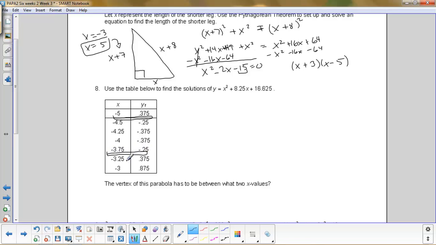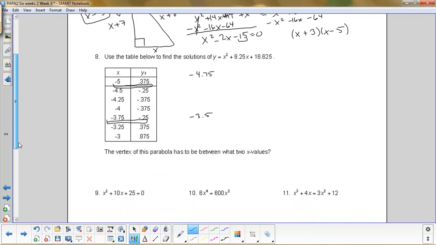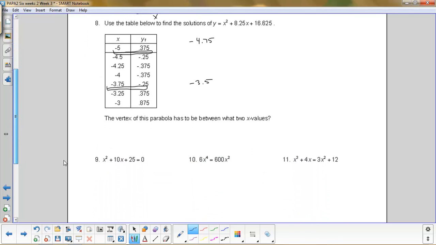That occurs between these two values here. Rough estimate here would be negative 4.75 as one of your solutions, and the other rough estimate here would be negative 3.5 as your rough solutions. So you've got to understand and interpret tables as well as looking at graphs or simple equations.